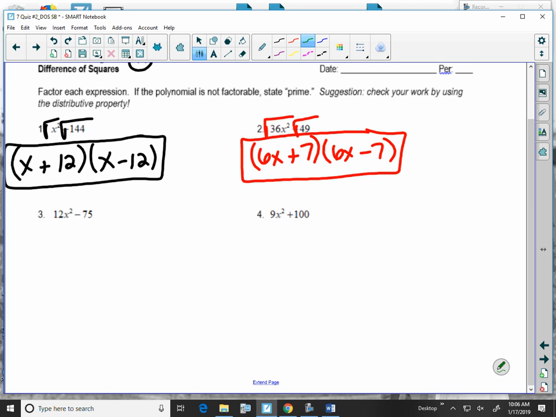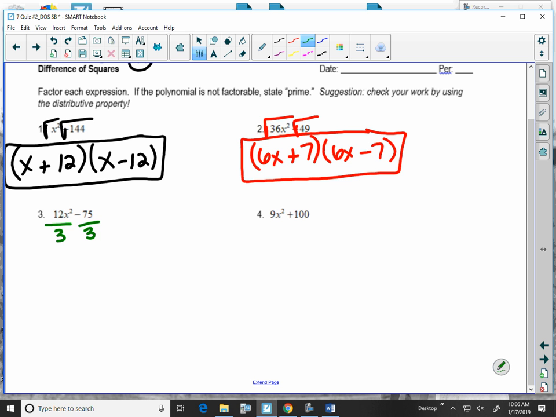Our third problem, we check to see, do we have two terms? Yes. Do we have subtraction? Yes. Do we have perfect square numbers? No. So our option here is to either find a GCF, and if there's not a GCF, then it's prime. But there does happen to be a GCF in this problem. If you use your calculator and do some guess and check, you will find that 3 goes into both 12 and 75.